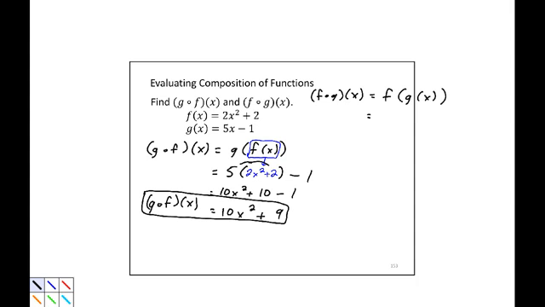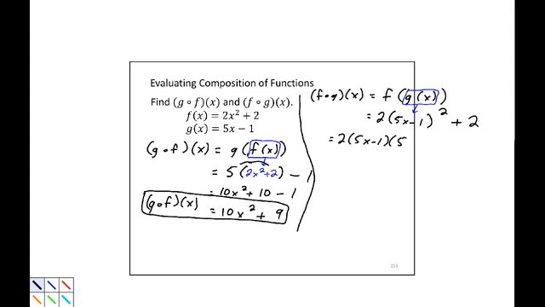Again, I'm going to take f of x. f of x is 2 times something squared plus 2. And I'm going to input what my g of x is. My g of x is 5x minus 1. All right, so I need to take 5x minus 1 squared. So 2, 5x minus 1, 5x minus 1, plus 2.